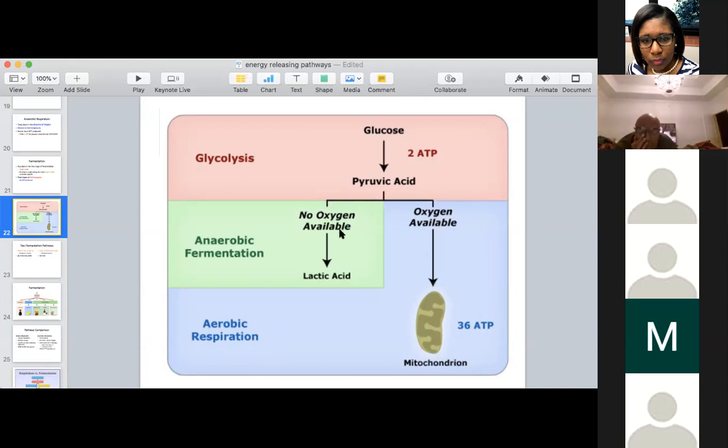Conversely, if there's no oxygen available after glycolysis has given us our first 2 ATP and our pyruvic acid, then the pathway shifts into fermentation, where our products are not ATP but either lactic acid or alcohol. That is what I want you to know from this chapter, this unit.